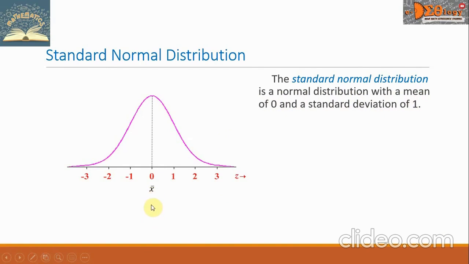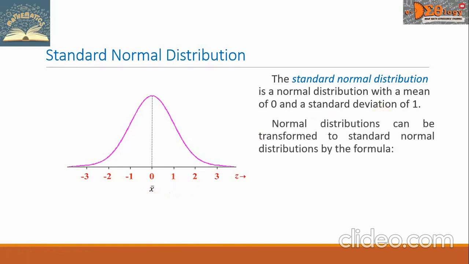The mean is at the center with value 0, and the numbers going to the right are 1, 2, 3 respectively, while on the left we have -1, -2, -3. Take note that the interval between two numbers here is equal to the standard deviation.